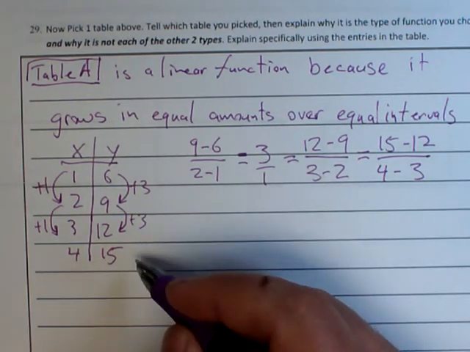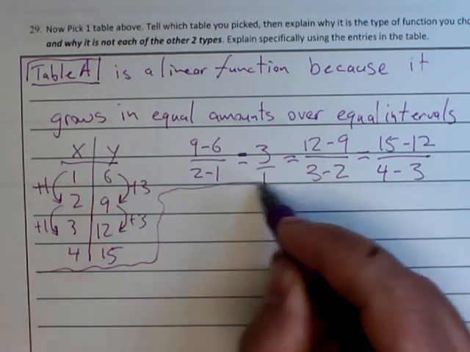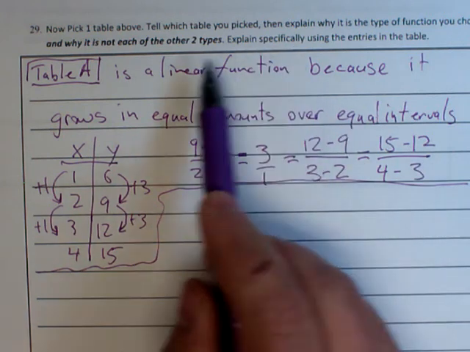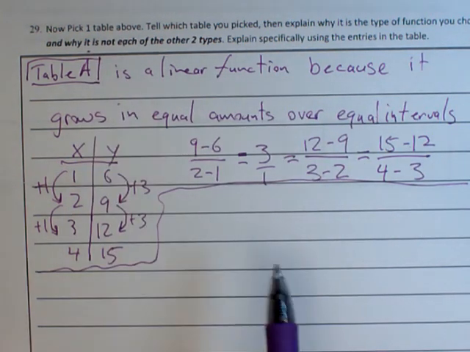And then I'm going to go back to my prompt for a second here. It also asked me to explain why it's not each of the other 2 types.